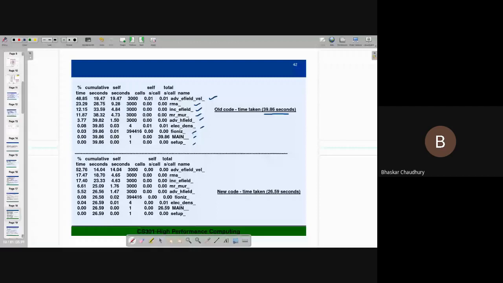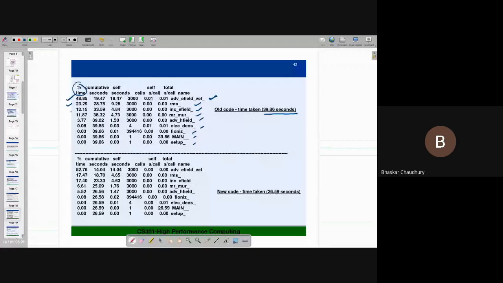When you look into the output, you will see it in order of percentage of time. You can see that 50% of the time is taken by this first subroutine, around 25% by the second subroutine, and another 10% by this one. So these other subroutines or functions are not taking the majority of the time; the majority of the time is taken by these.